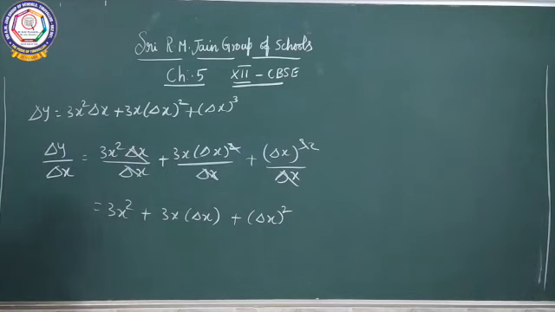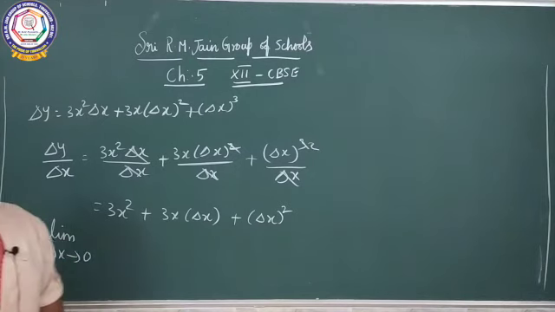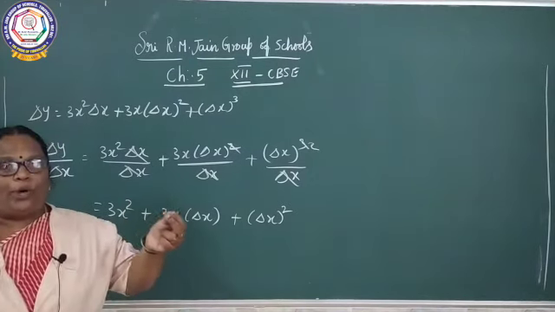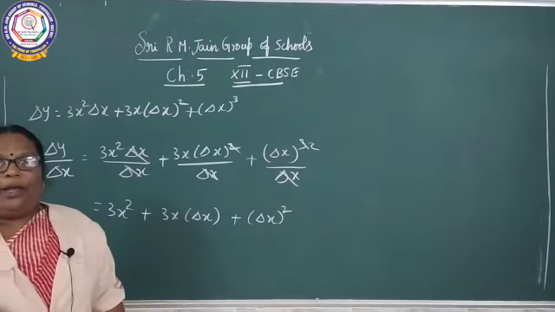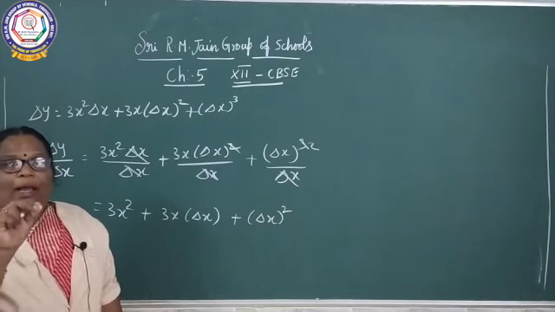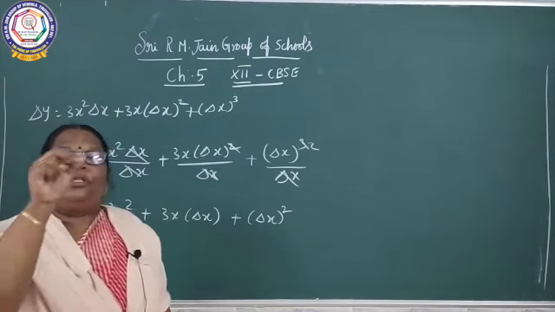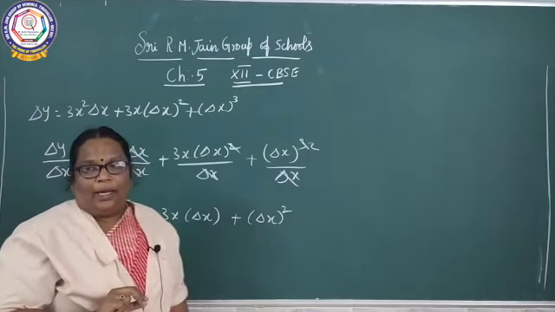What is the next thing? Limit delta x tends to 0. What is that 0? It is the neighboring point. Delta x tends to 0, it approaches 0.